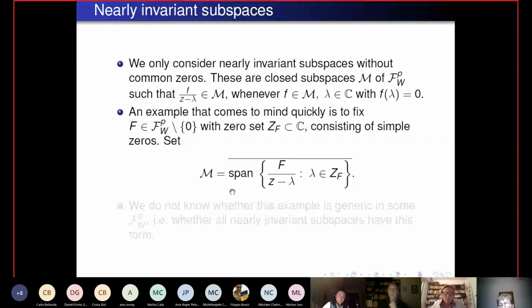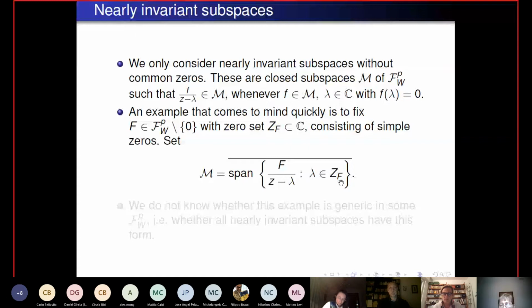The problem is, of course, you should know that this closure, the span, is about equal to polynomials, but if you take more complicated functions, then a priori we don't know.